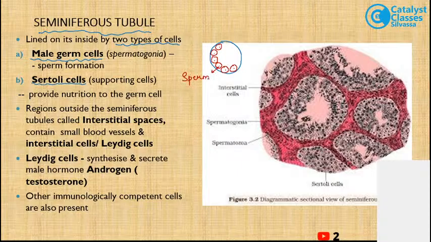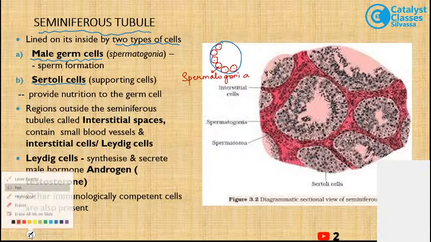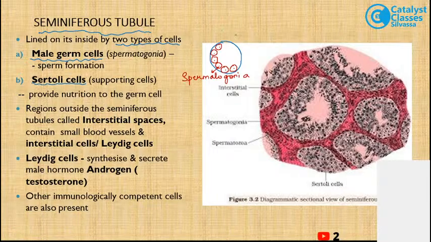What are they called? Spermatogonia cells. Apart from these, another type of cells that you see within the seminiferous tubule are the Sertoli cells.